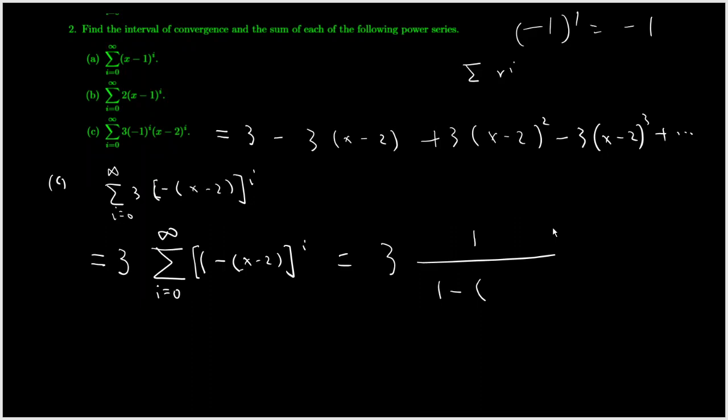In this particular case, you have 1 minus your r, which is negative x minus 2, right? It's nothing but the sum from i equals 0 to infinity of r to the power of i is equal to 1 over 1 minus r. So that's the formula.